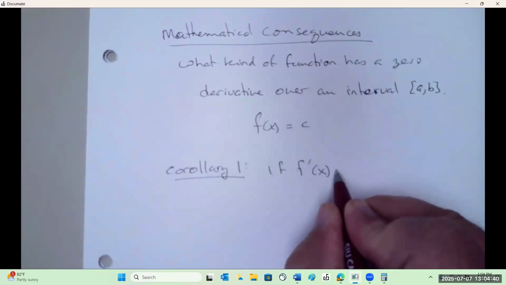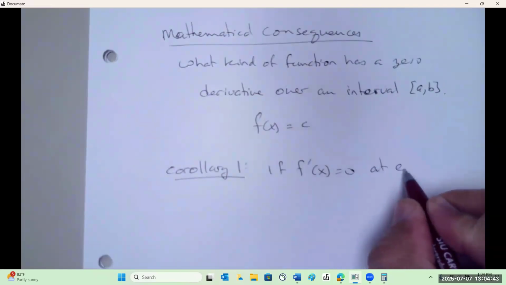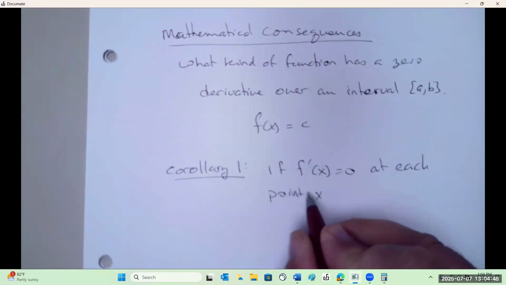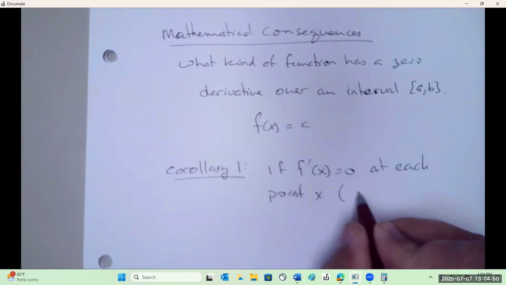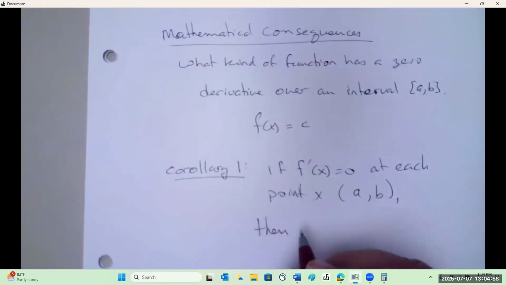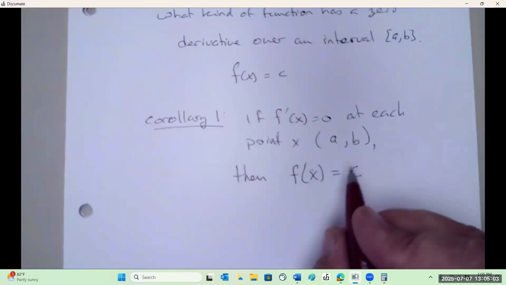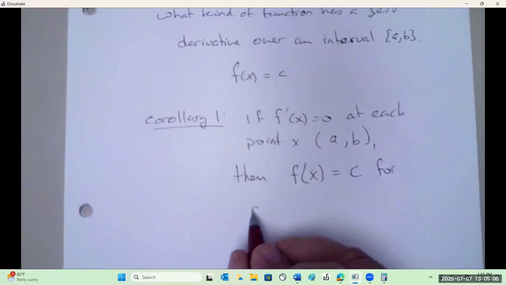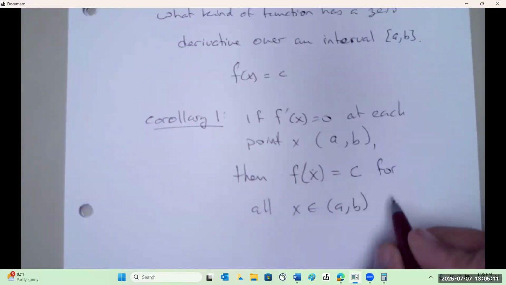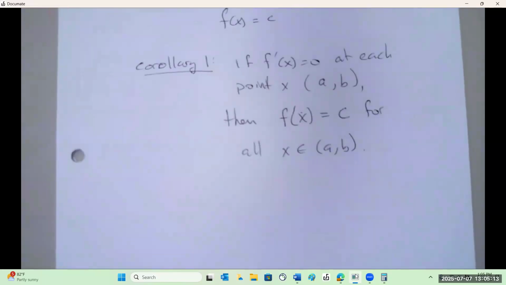If f prime of x is equal to 0 at each point x on an open interval, then f of x equals c for all x's in the interval AB. That's what we just talked about.